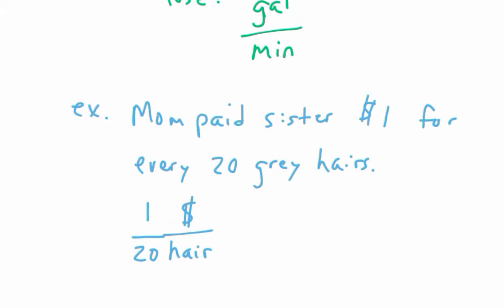If we were to do the math, we'd come up with $0.05 per hair. $0.05 is really what? 5 cents. So my mom used to pay her a nickel for every gray hair she pulled out. You could change that to 5 cents per hair.